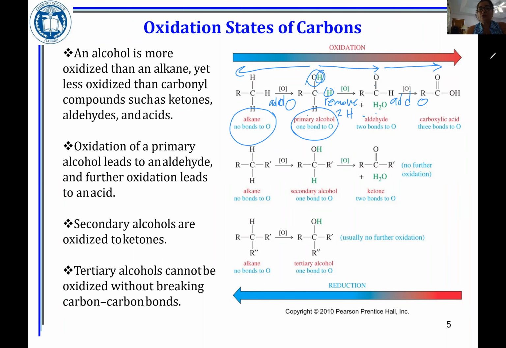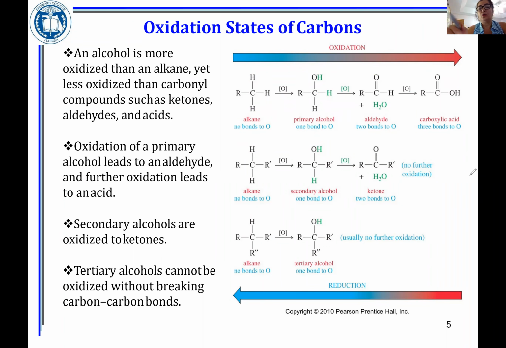Now, in order to go forward with oxidation, you need to know your oxidizing agent, and it's going to be very specific. How would you make sure that when you oxidize, starting with alcohol, because we are in chapter 11, you stop here?